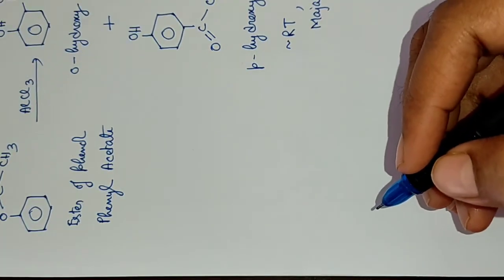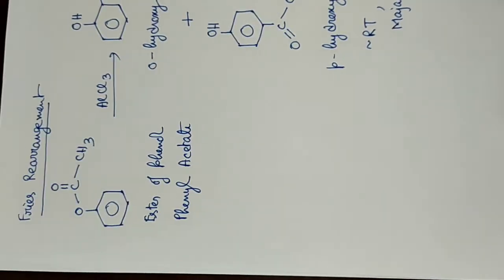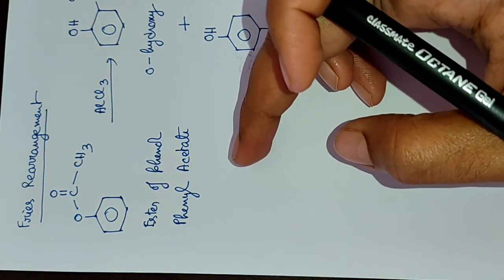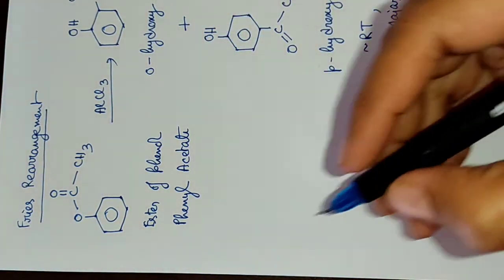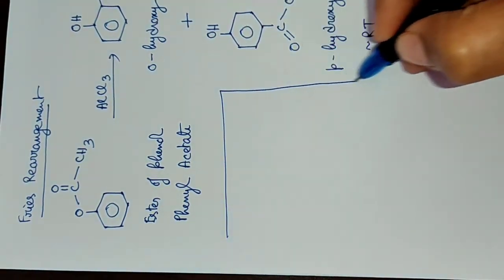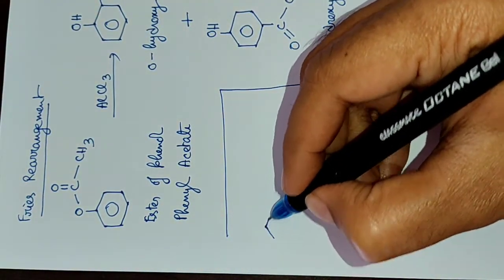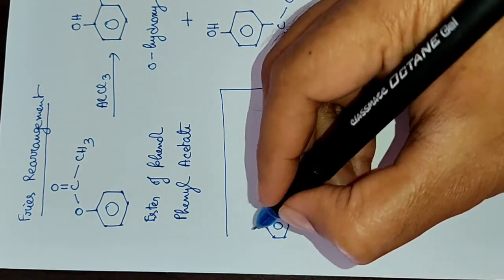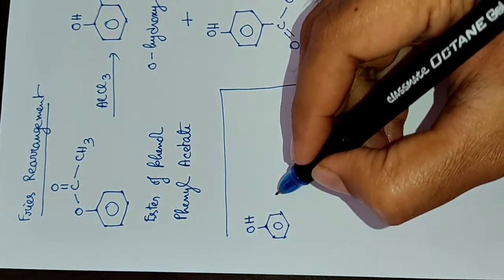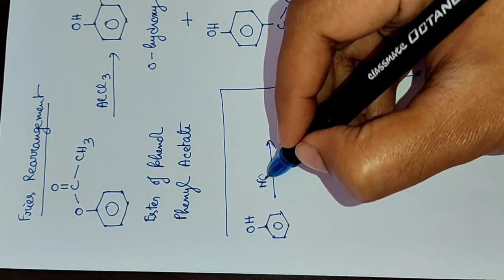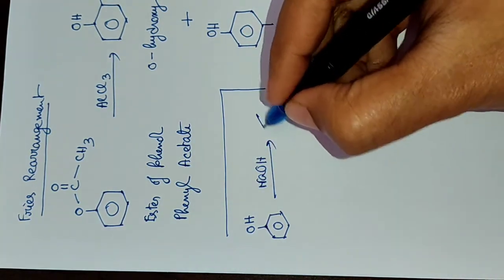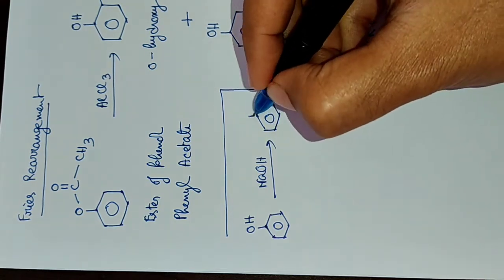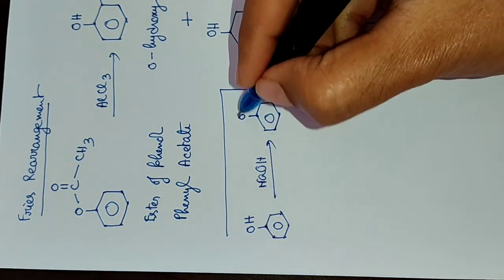If someone asks how to get this molecule, if you start from phenol, then we have to perform these reactions. First you apply sodium hydroxide, so it will give you sodium phenate. It is an acid base reaction.